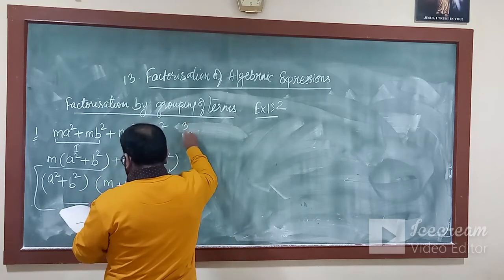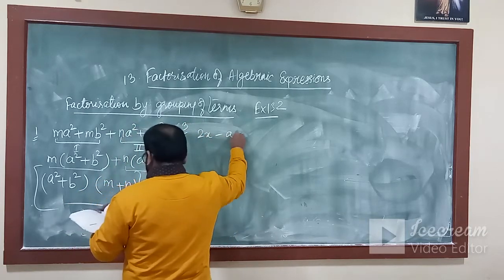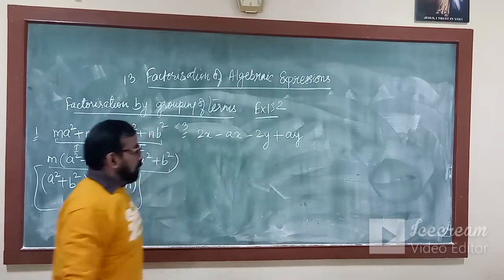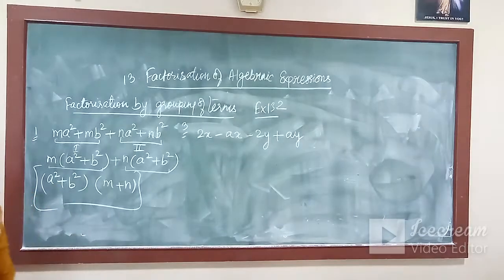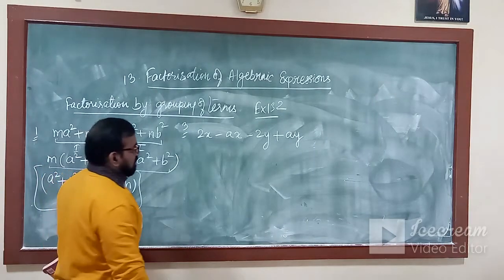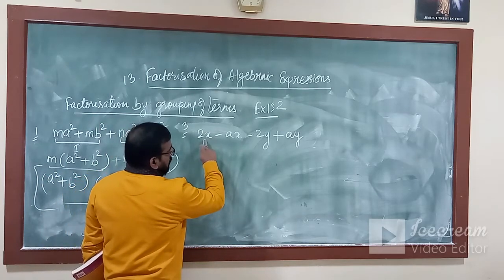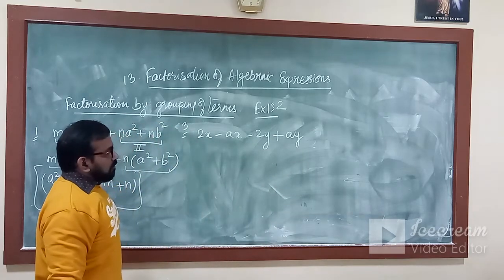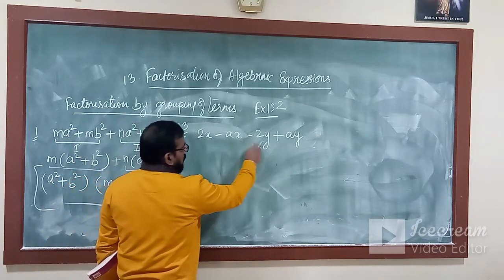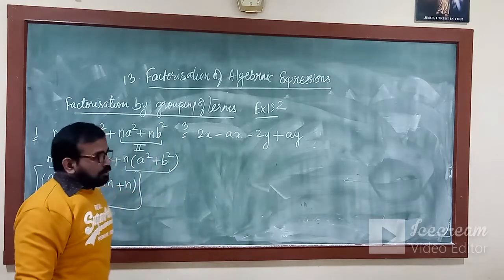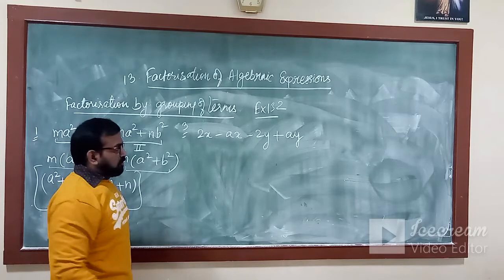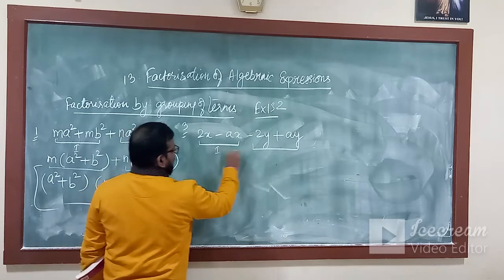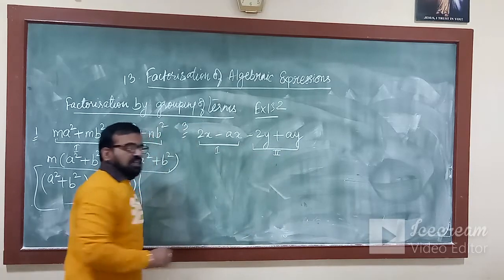Suppose a question is like this: 2x minus ax minus 2y plus ay. Again see, HCF of all the terms will be 1. Now if I inspect the terms, I have two terms containing x and two terms containing y. Or we can say that I have two terms containing 2 and two terms containing a also. So if you want to shuffle, you can shuffle, or if it is clear from this that we are simply getting two groups, no need to separate.